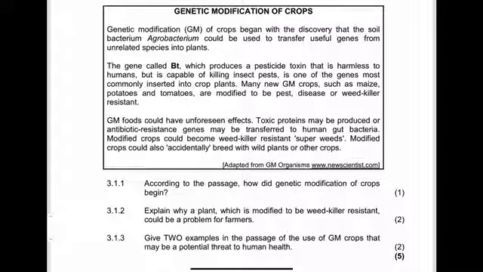Many new GM crops like maize, potatoes, and tomatoes are modified to be pest, disease, or weed killer resistant. GM foods could have unforeseen effects. Toxic proteins may be produced, or antibiotic-resistant genes may be transferred to human gut bacteria. Modified crops could become weed killer-resistant superweeds. Modified crops could also accidentally breed with wild plants or other crops.